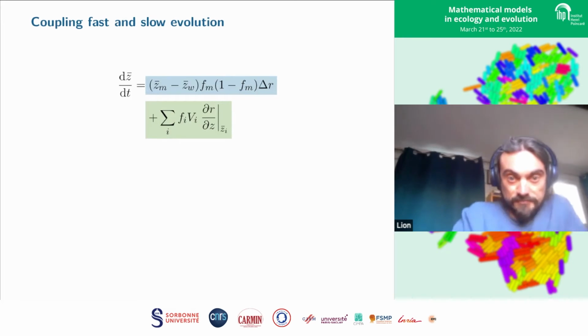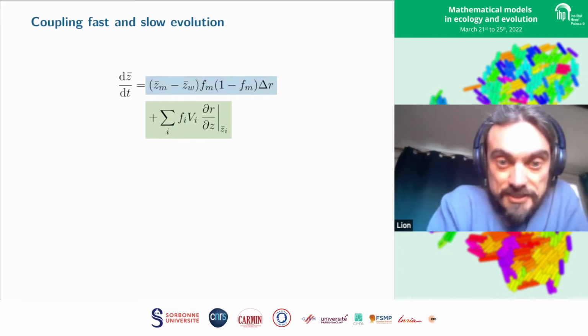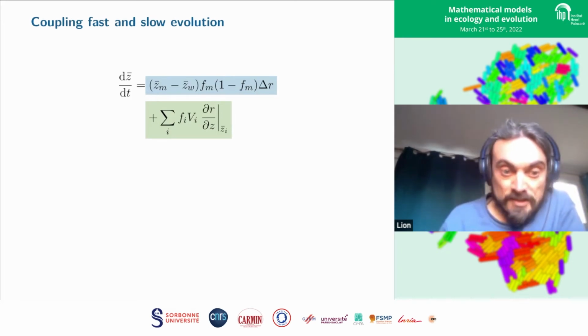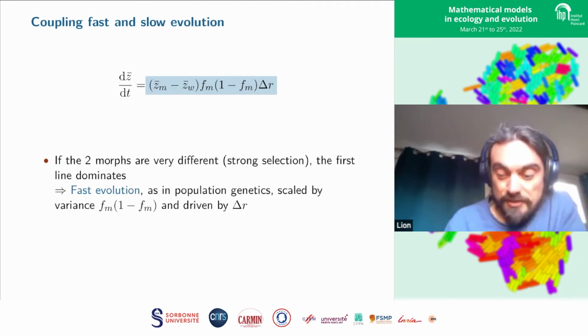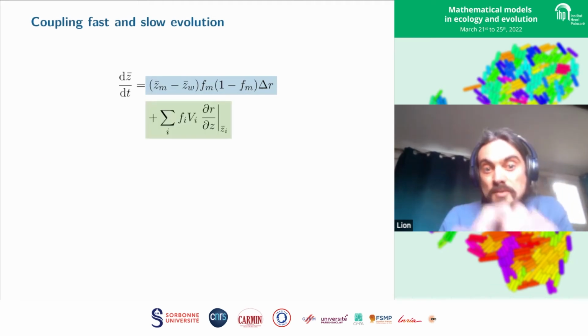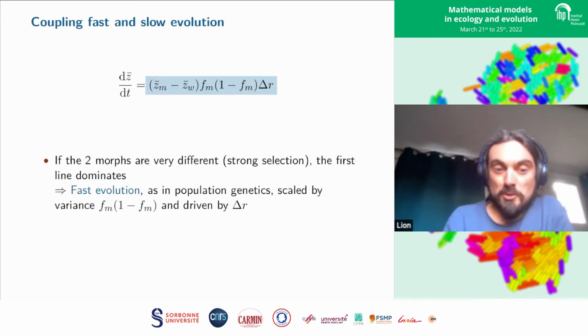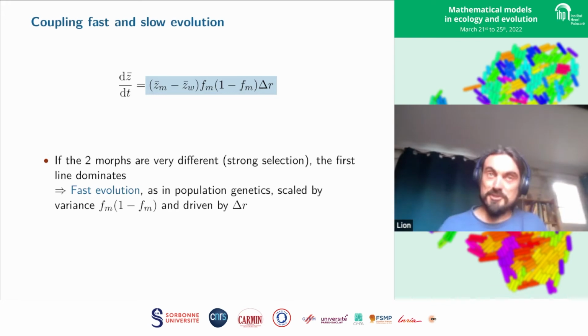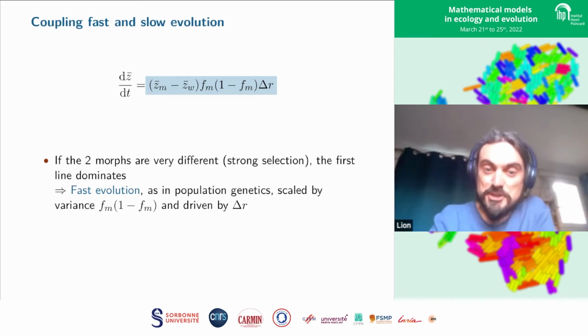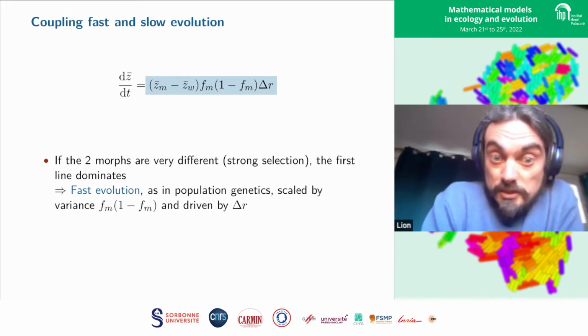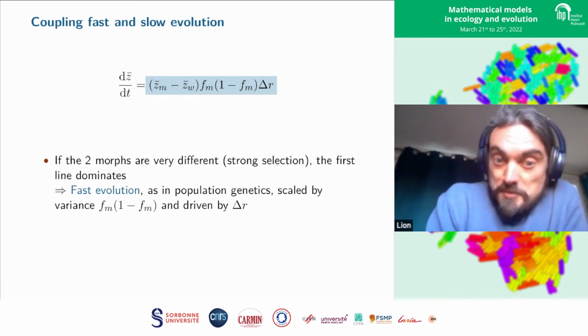It's useful because of these two limit cases. The first case is if we assume that this difference in morph means, Z bar M minus Z bar W, is large compared to the morph variances, which are assumed to be small, then the two morphs are very different. So the two peaks of the multimodal distribution are apart. And so it corresponds to strong selection.